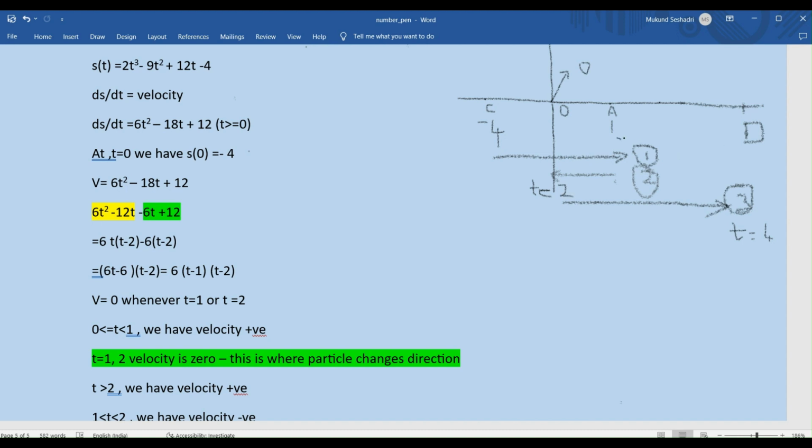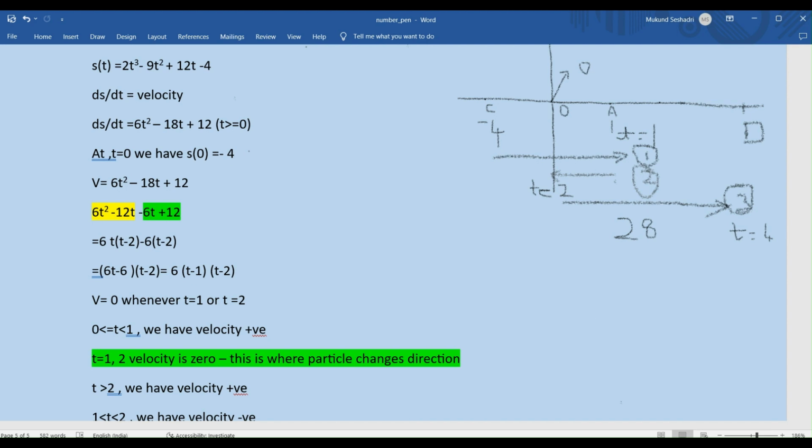And this is t equals 1, right? So let me repeat this. At point A, we are when t is equal to 1, and when t is equal to 2, we are at point 0, and when t is equal to 4, we are at point D, where we have traversed a distance of 28, whatever it could be, 28 miles, meters, whatever it can be, right?